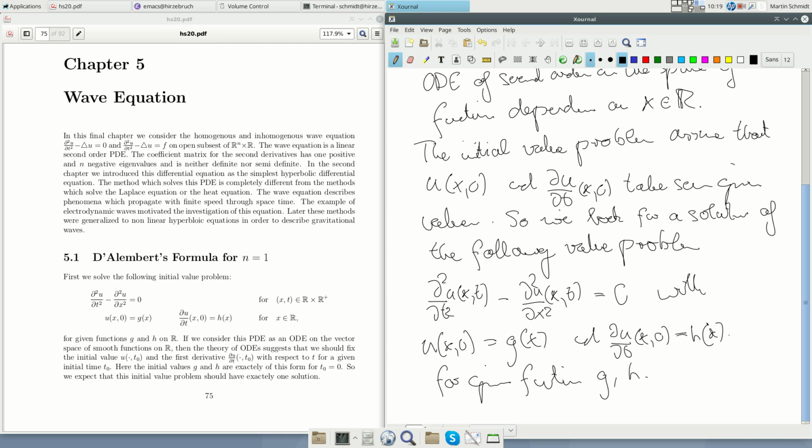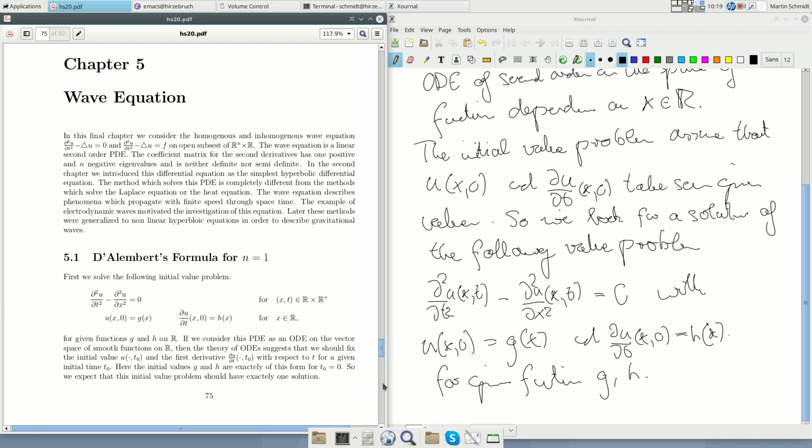This is the problem which we want to solve, first in dimension 1, and later we will do it analogously for higher dimensions.